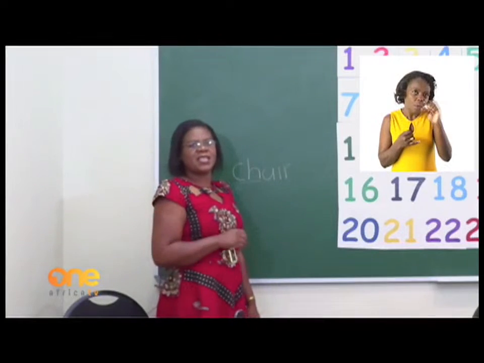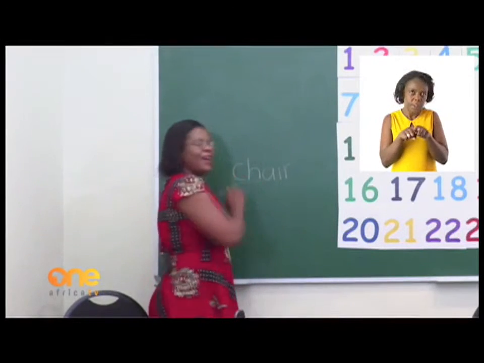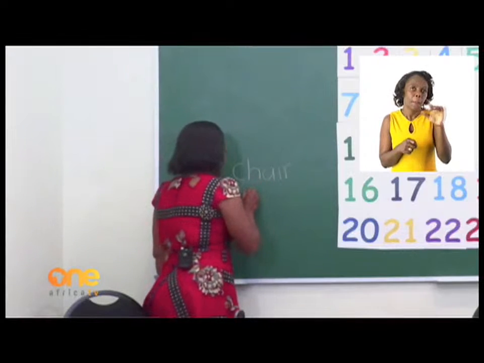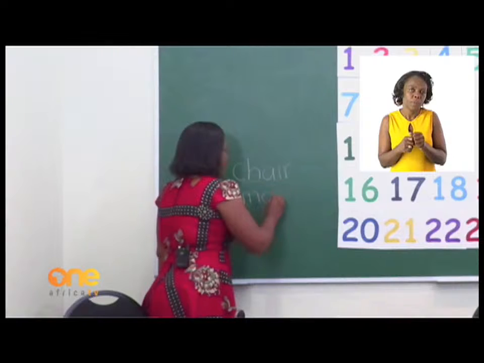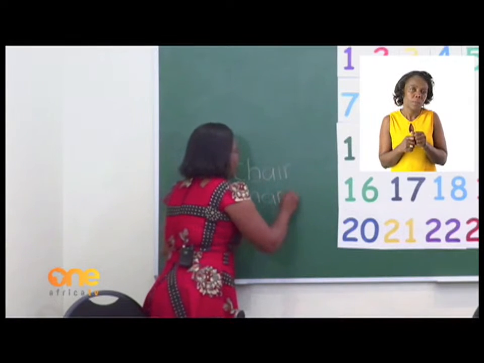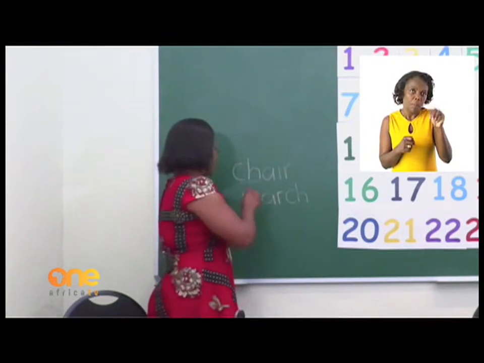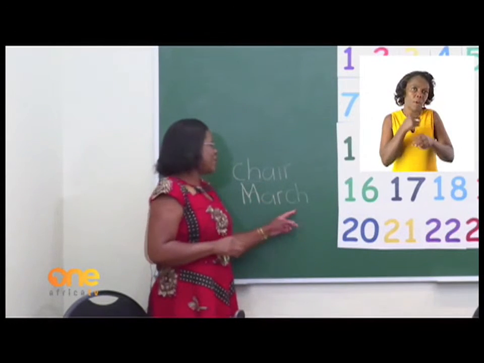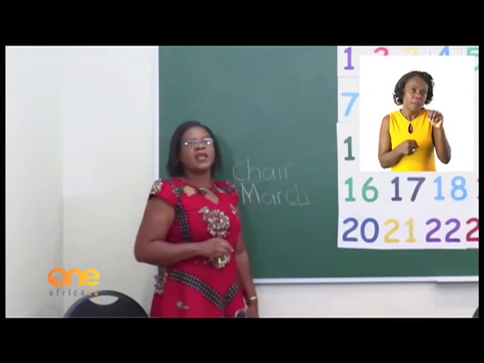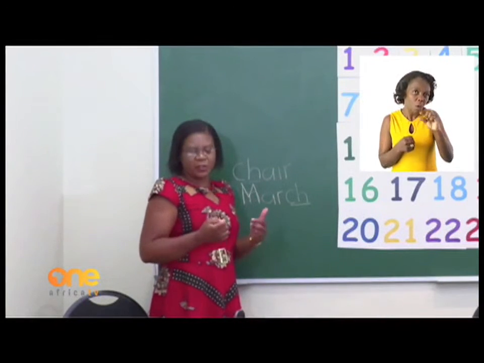It's still a ch. It doesn't change as long as it's a k and a h. Let's write March. It's a month of the year, March. It's at the end of a word, but it's still a ch.